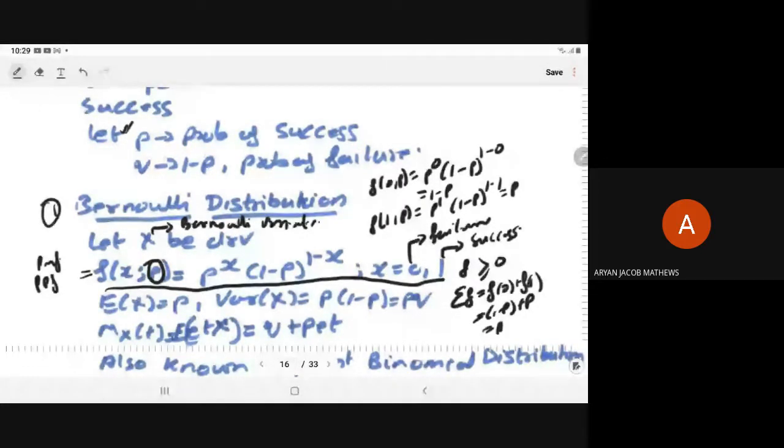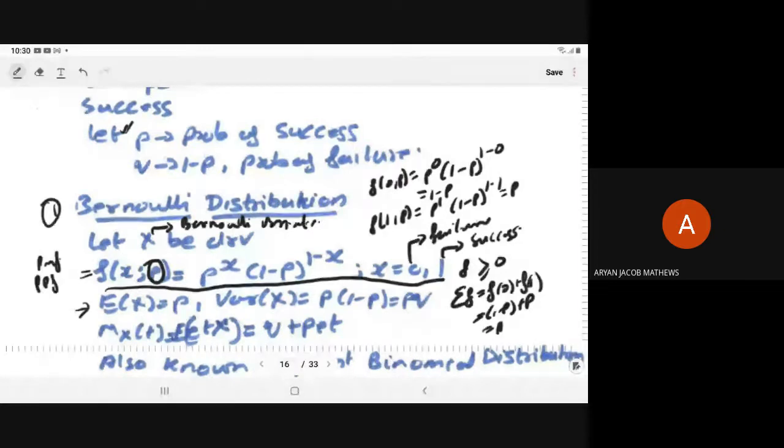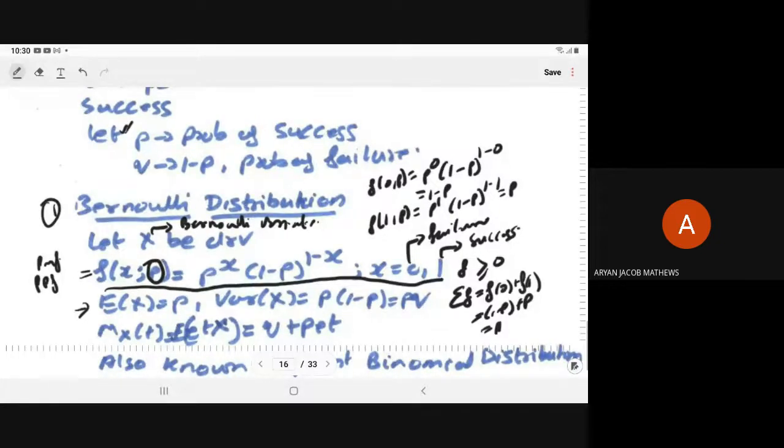From here we can derive the expected value or mean, variance and standard deviation as E(X) equal to p, V(X) equal to pq, and M_X(t), the expected value of e to the power tX, as q plus p e to the power t. So let us see how to get the expected value.